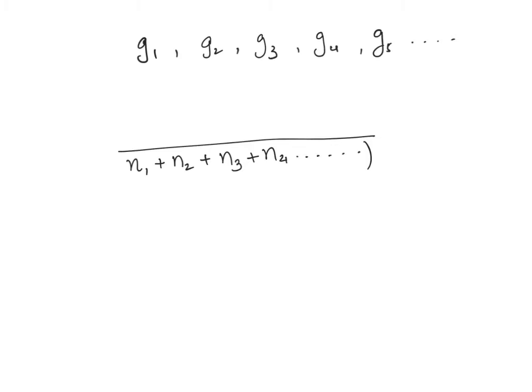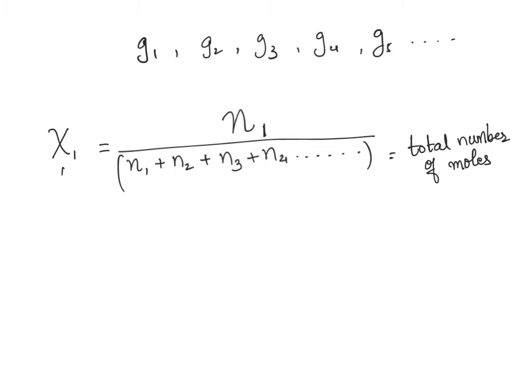This is the total number of moles. And if you place the numerator as the number of moles of that one particular gas, this is known as the mole fraction of that gas.